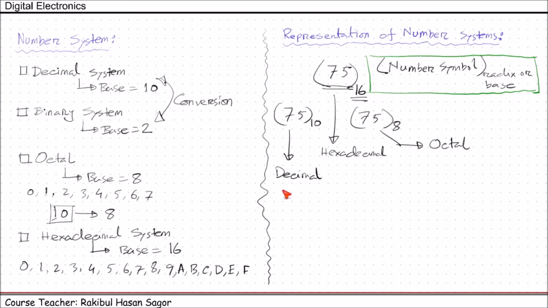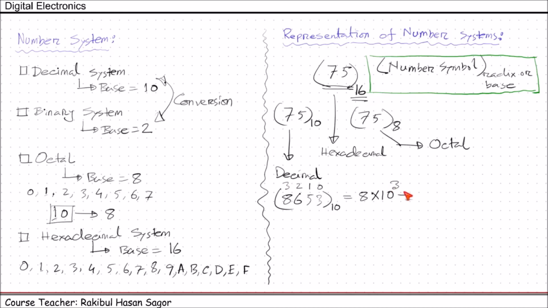Now, how is a decimal number represented? Suppose we have a decimal number 8653. This is the base. So this number has positions. This is the 0th position, 1st position, 2nd position, and 3rd position. So if we express this number as the sum of values of each digit, it can be represented by 8, the most significant digit, 8 into base to the power of the position value, that is 3.